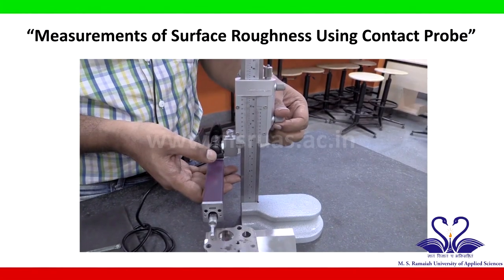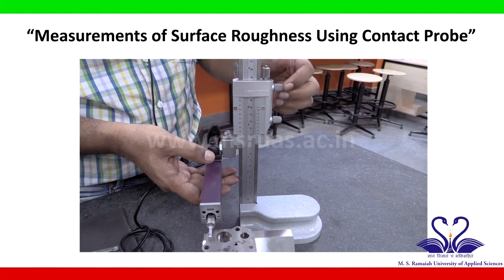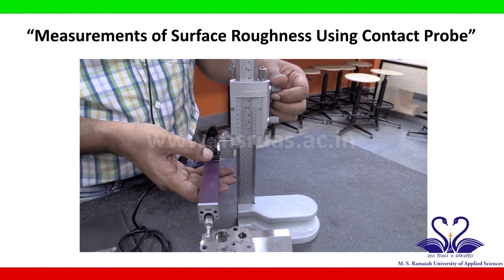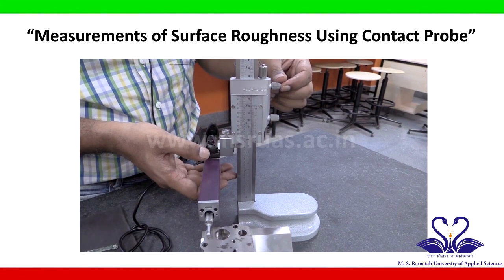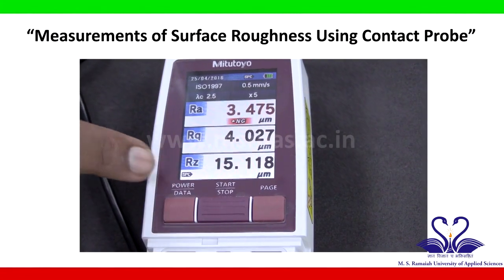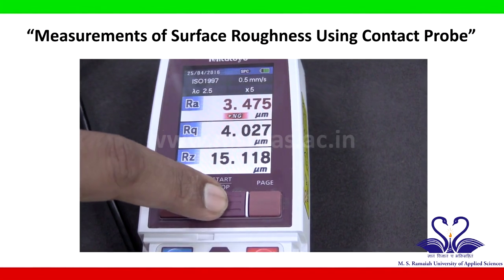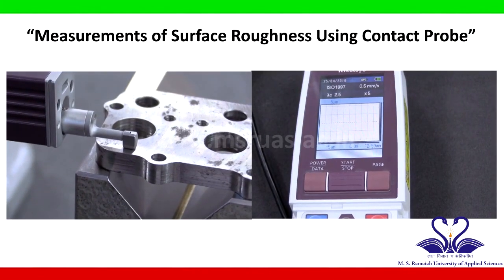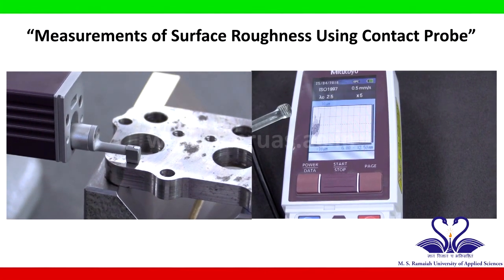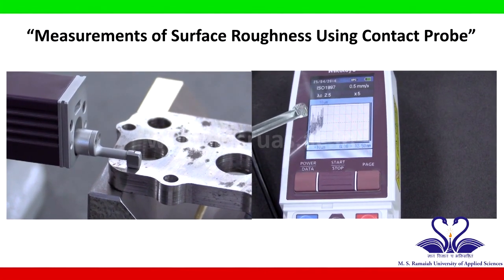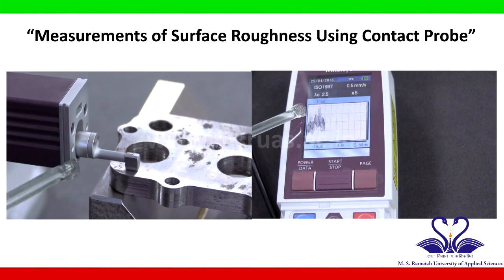Once the probe is in the loading condition, lock the height gauge and start measuring the surface roughness by pressing the start button. Now let us start the measurement by pressing the start button. You can see the roughness pattern here on the LCD screen.